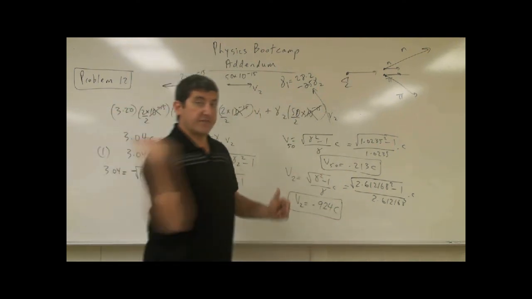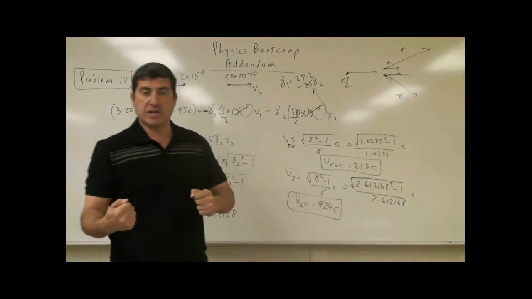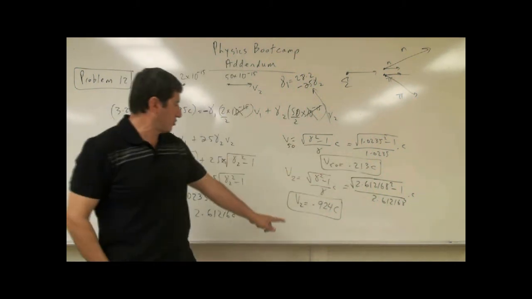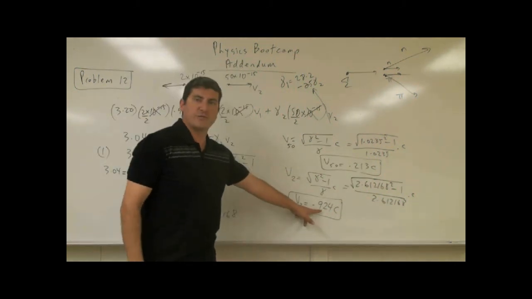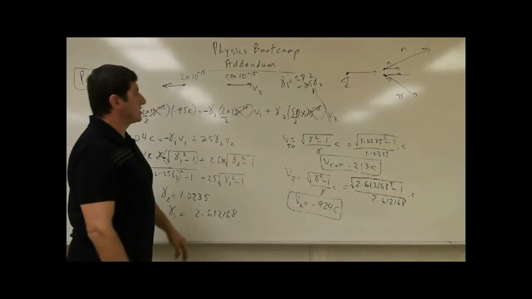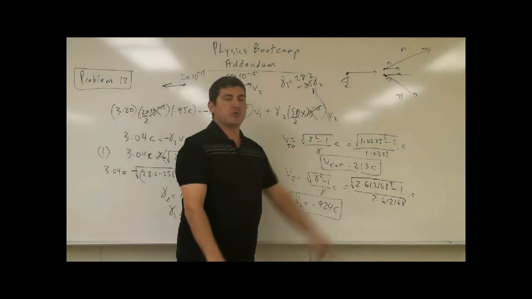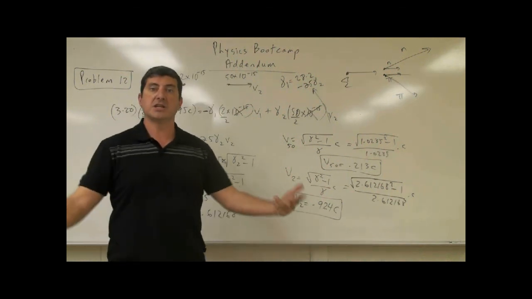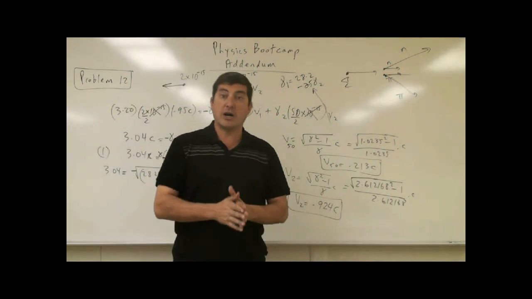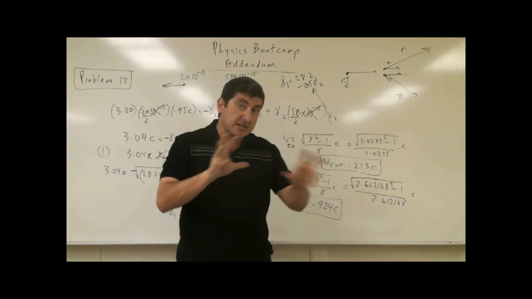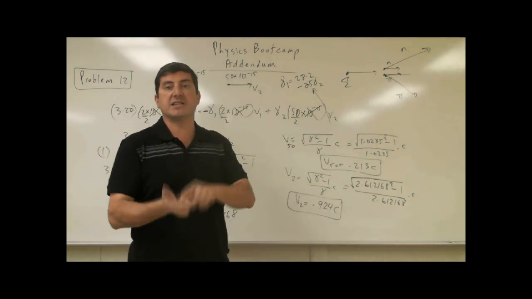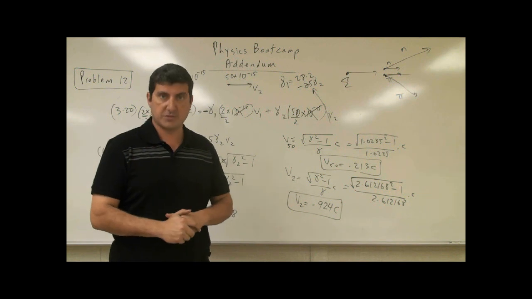So the 0.95 the speed of light comes, the 2 times 10 to the minus 15 hits a 50 times 10 to the minus 15, it bounces back quite fast. 0.924 the speed of light, the heavier one goes forward at 0.213 the speed of light, and this conserves their kinetic energy and their momentum. So now you know how to apply different types of problems to relativistic dynamics, inelastic and elastic collisions. Okay? Thank you very much.